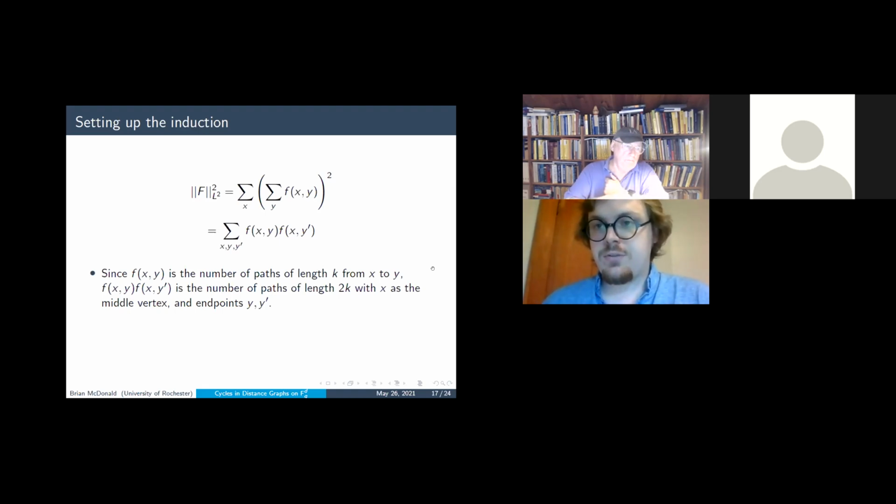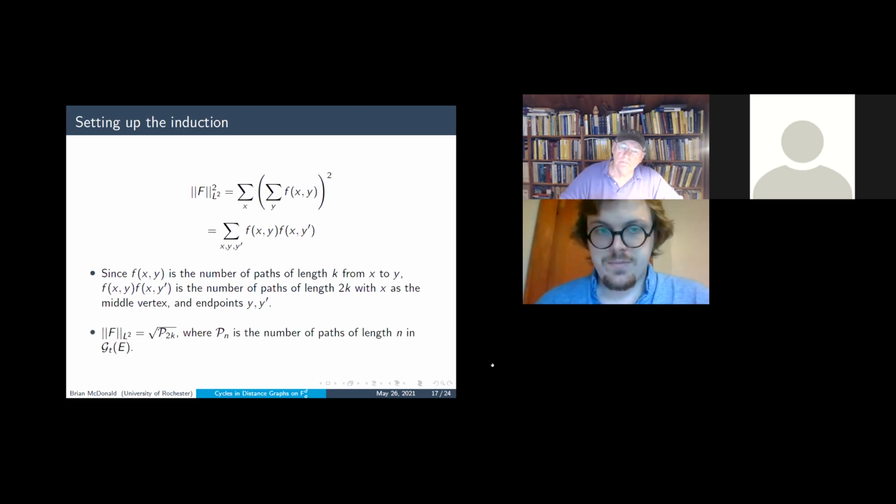So once again, since we're summing over x, y, and y prime, what we end up getting is every possible cycle of length 2k. Or sorry, every possible path of length 2k. And once again, there's a square root because it's an L2 norm.